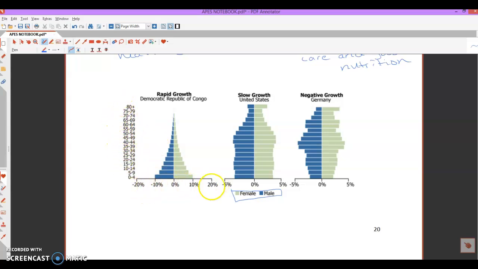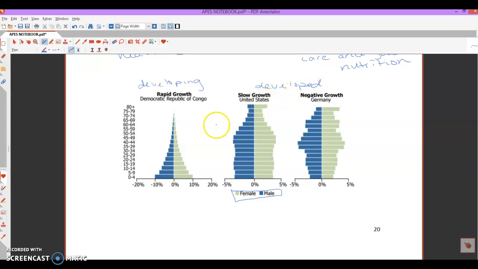This is the percentage they make up of the population. When we look at developing versus developed countries, we can see there is a big difference. The Democratic Republic of Congo would be considered a developing country. The United States and Germany are both developed.